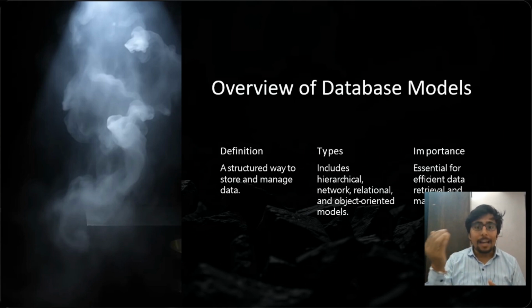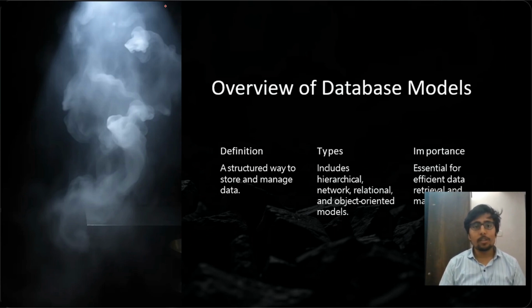So it defines how data is organized, related, and accessed. How everything is going on, the database model will tell you. So this is what a database model is. It tells how data is organized, related, and accessed.